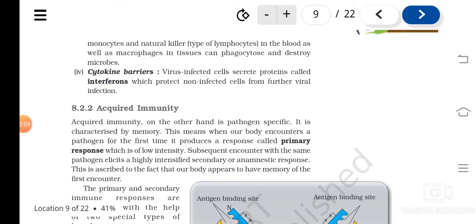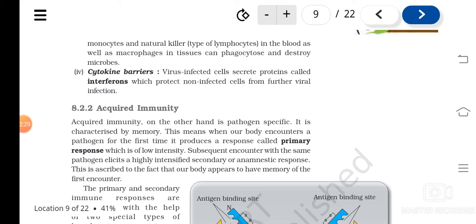And what is acquired immunity? It's pathogen specific and it is produced in the body when we confront a pathogen in our lifetime. Understood? So that immunity will come only if the pathogens are introduced into our body.